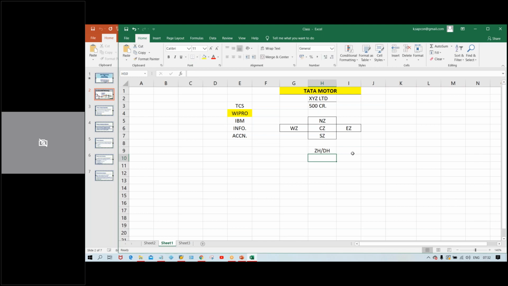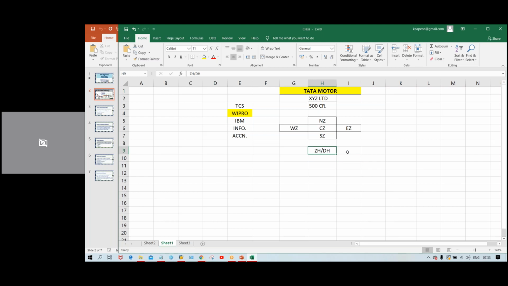Different organizations will have different designations: zonal head, delivery head, or zonal manager, delivery manager. So here the project is handed over to the delivery manager or general manager or zonal head, whatever it is.